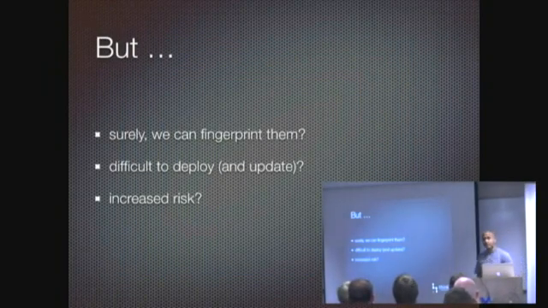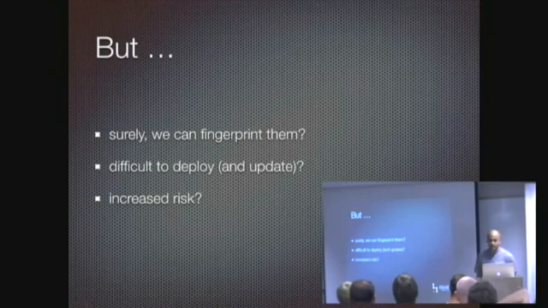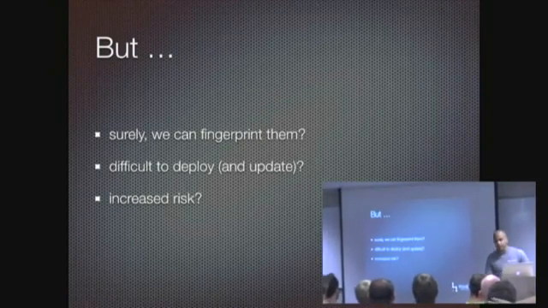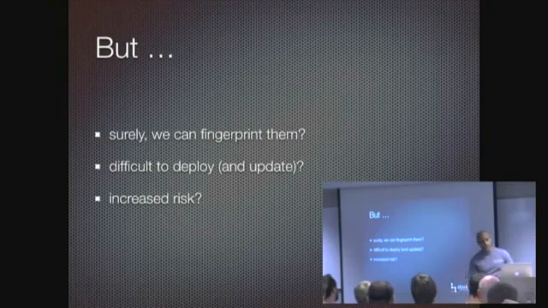Some of the criticisms that we get when we propose the idea of using honeypots is that, for one, people often bring up that, okay, well, surely we can fingerprint the honeypot. I don't want to get into too much detail, but for the fingerprinting question, the one thing we are trying to do is turn the tables a bit. Often people refer to the attacker having a better game in that the defender has to make no mistakes, while the attacker has to win once, get a breach, and things work out in their favor.